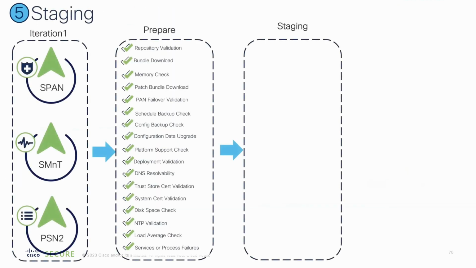Now, the fifth step in our wizard is staging. Remember, we talked about taking the configuration data upgrade. What does it mean? The SPAN is going to take the backup of your configuration DB and perform the DB migration utility, so that it prepares the configuration data DB, which can be imported onto the latest nodes.